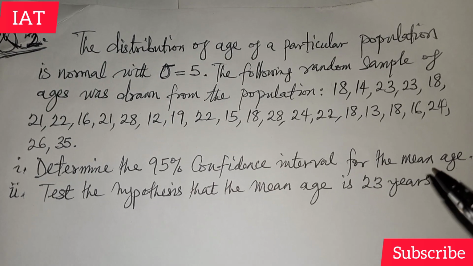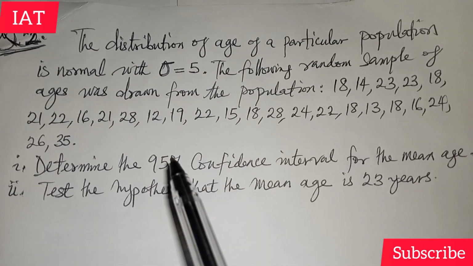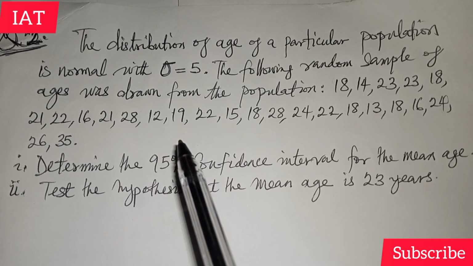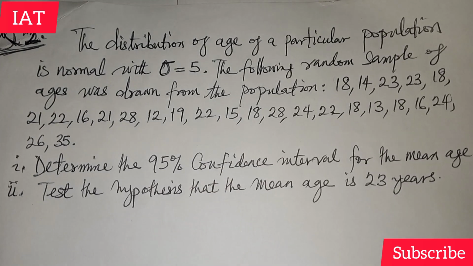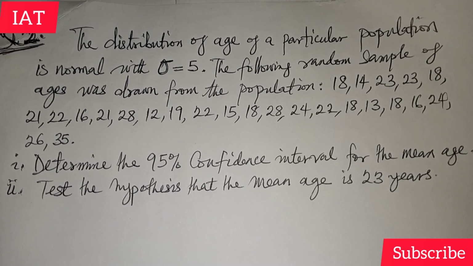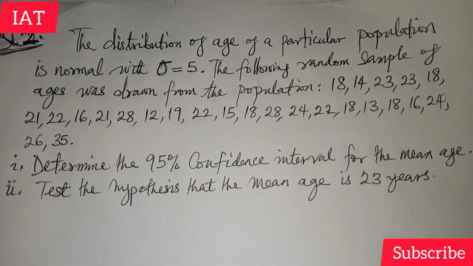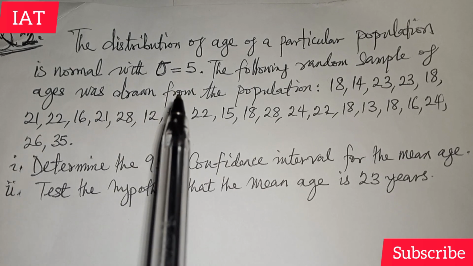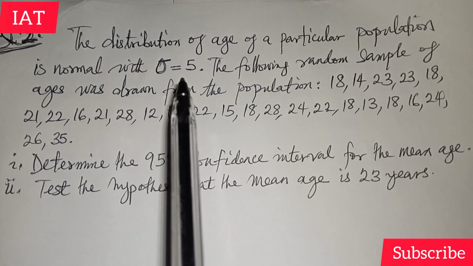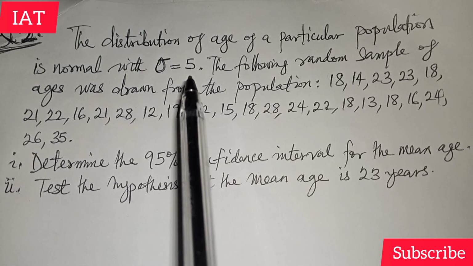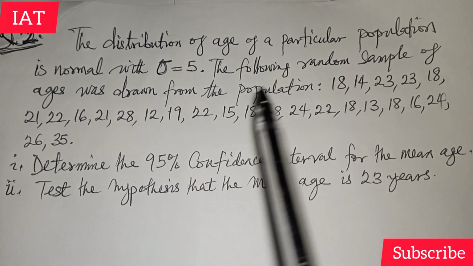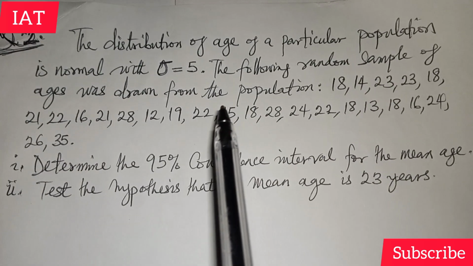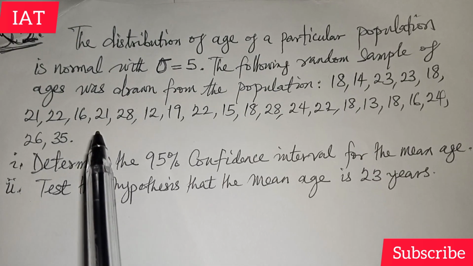Alright, so this is a problem that we need to analyze, and the problem reads: the distribution of age of a particular population is normal with the population standard deviation, which is the symbol sigma, equal to 5. The following random sample of ages was drawn from the population, which are these values.